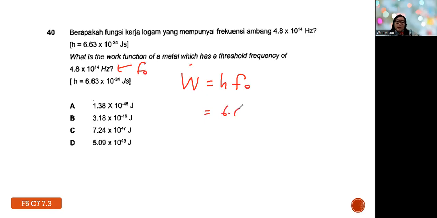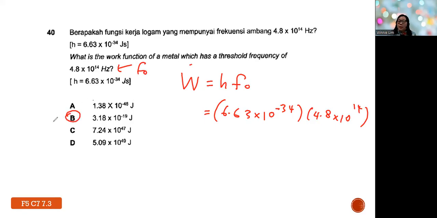So now we substitute 6.63 times 10 power of negative 34, and the threshold frequency is 4.8 times 10 power of 14. When you press the calculator, you're supposed to get your correct final answer. Yeah, at the end, you're supposed to get this B, or 3.18 times 10 power negative 19.